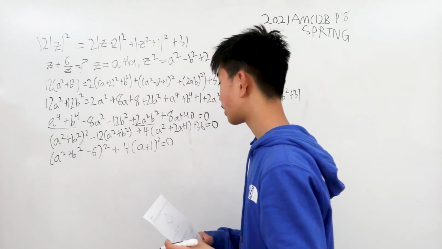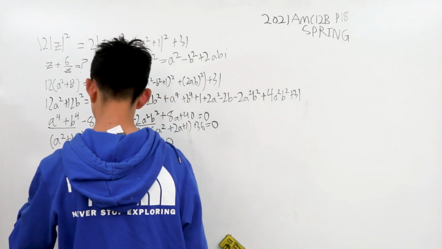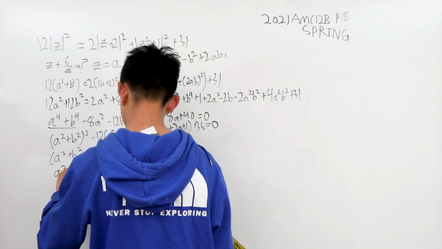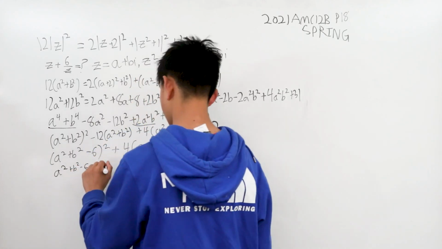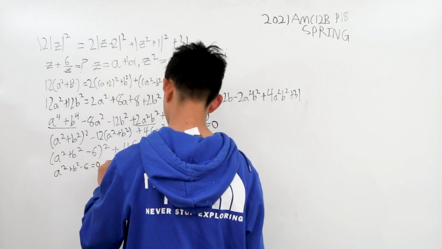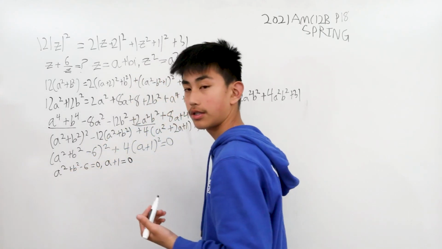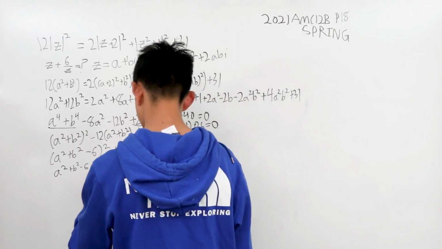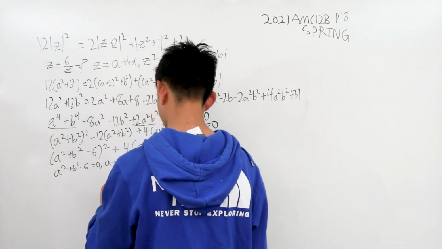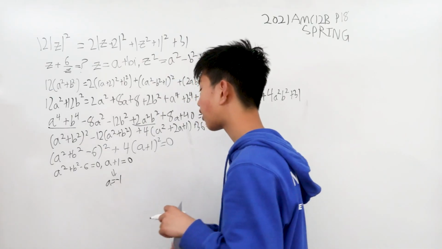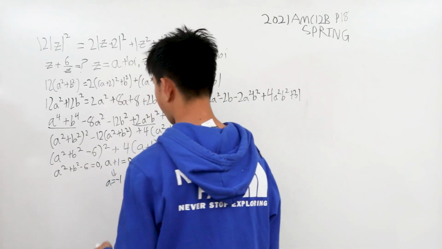From this, you get two equations: a squared plus b squared minus 6 equals 0, and a plus 1 equals 0. It is then from this equation that a is equal to negative 1.